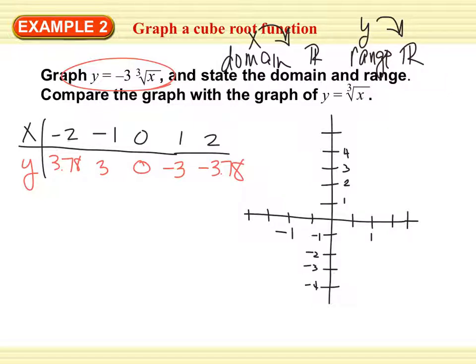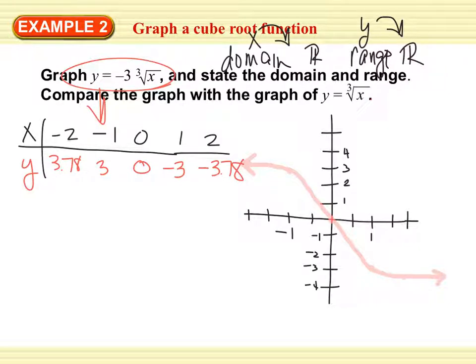So -2, 3.78's up here somewhere. -1, 3, 0, 0. And then 1, -3, 2, -3.78. So it looks kind of like this. And so that was that one. Oh, didn't want to do that in blue.